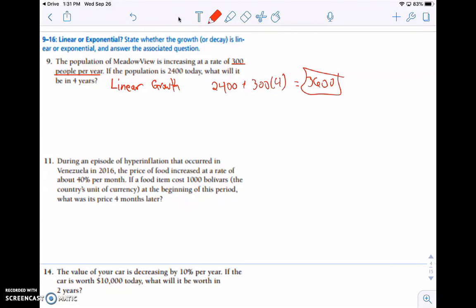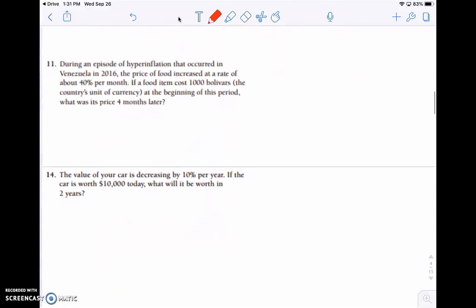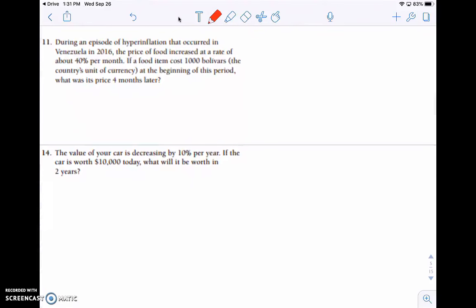Okay, now here's another one, and this one can be pretty dramatic. During an episode of what we call hyperinflation that occurred in Venezuela in 2016, the price of food increased at a rate of 40% per month, which is extremely unhealthy for an economy.